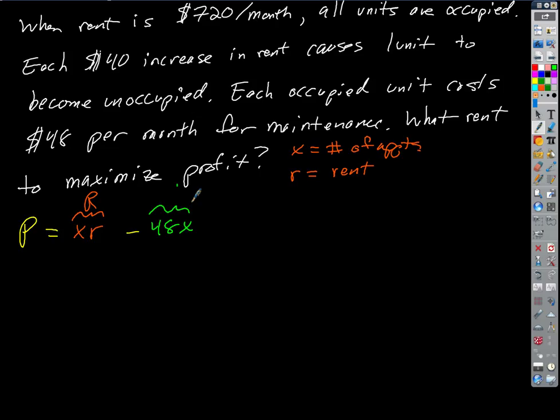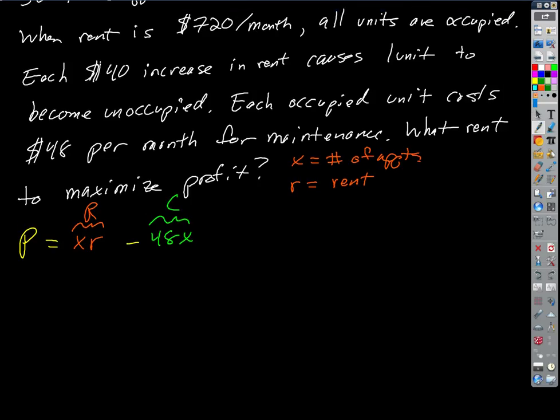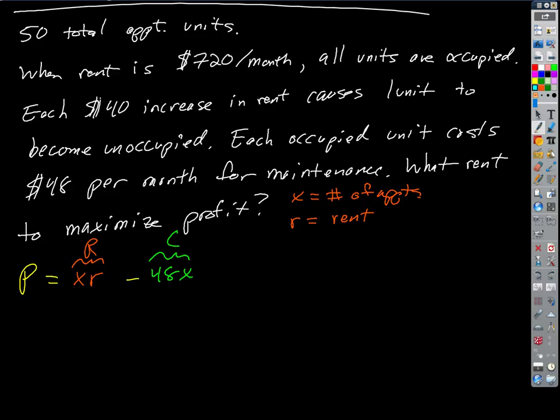But I've got two variables there, X and R. So I need to come up with a relationship, a secondary equation that relates those. Well, where does that come from? How am I gonna relate X to R? Is there some information up there that tells us? Decreases by one each $40.